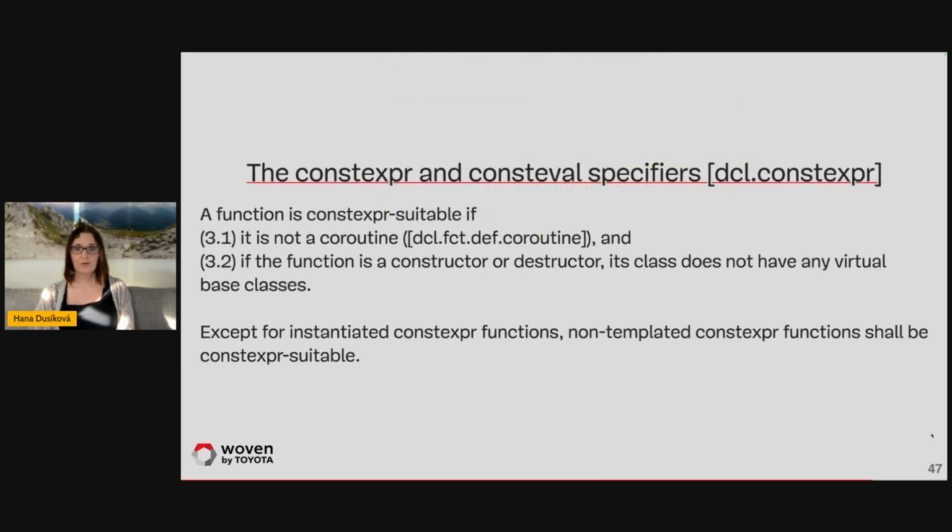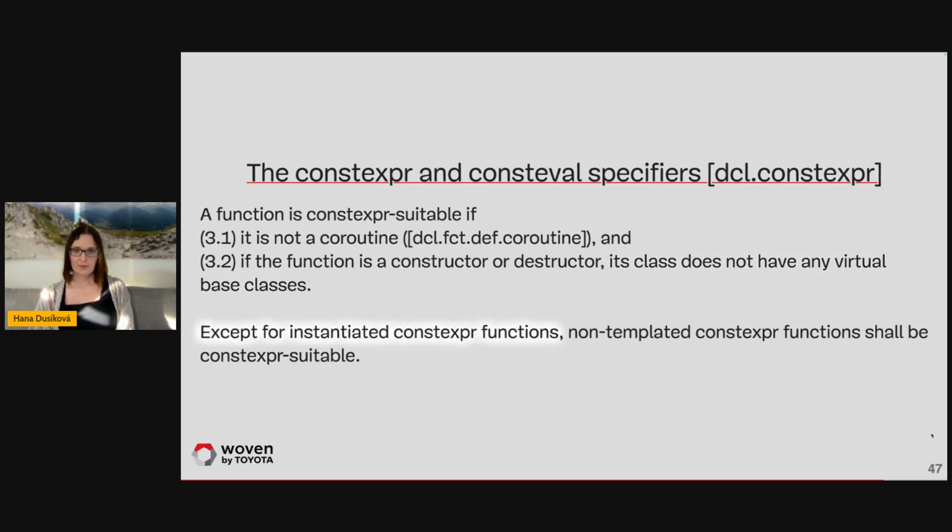So let's look at the wording. Constexpr and constant specifier, Constexpr. A function is Constexpr suitable if it's not a coroutine, and if the function is a constructor or destructor, its class does not have any virtual base classes.